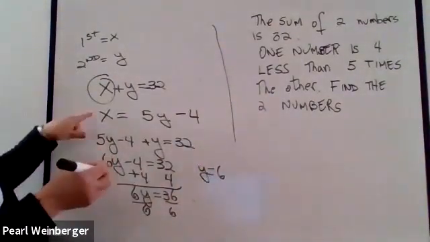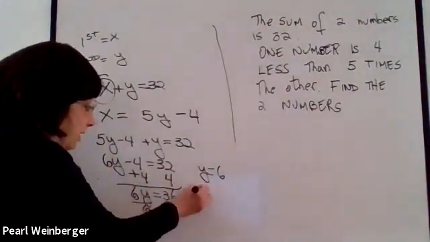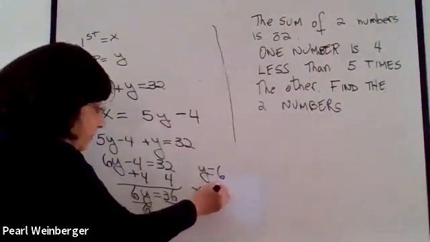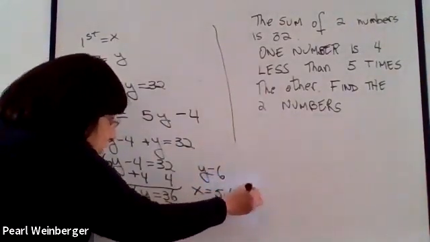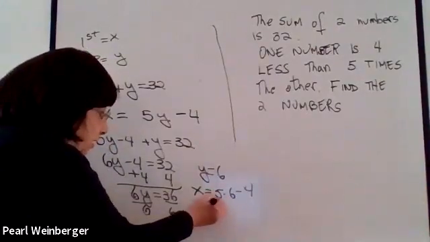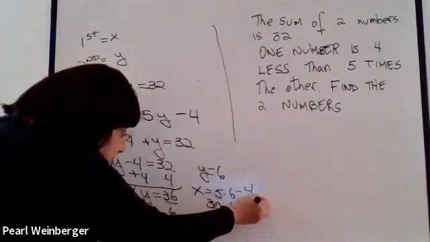And to find out what the X is, I can go to this equation and do X equals 5 times 6 minus 4, which is 30 minus 4, or 26.